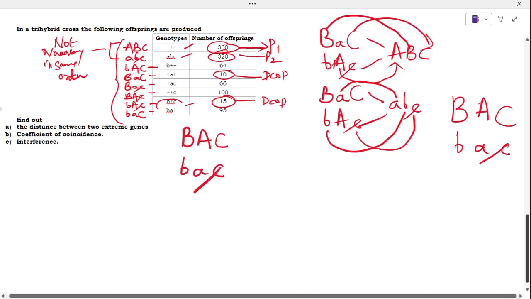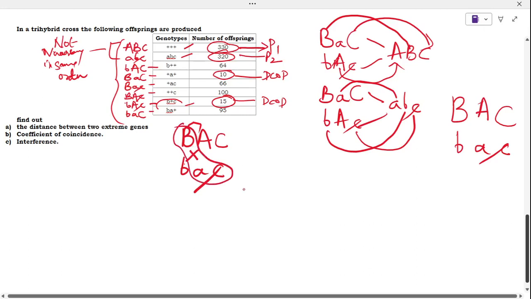By this, we can find out the single crossing over product here. Single crossing over product means, you can see, if recombination, assume that this is the parental pattern of arrangement and this single crossing over happens between B and A. That means if that happens, you can see the combination will be this pattern.